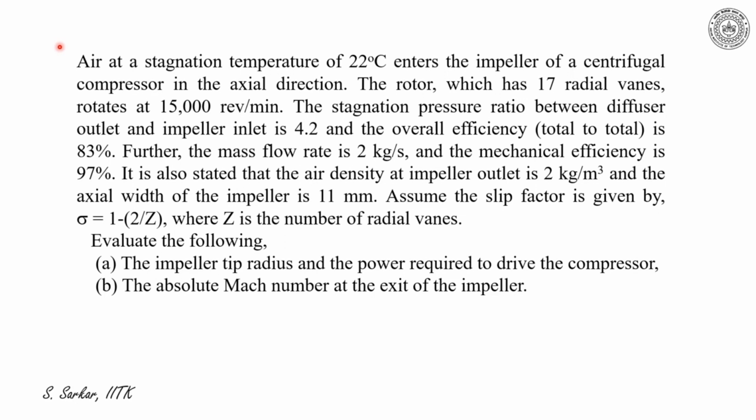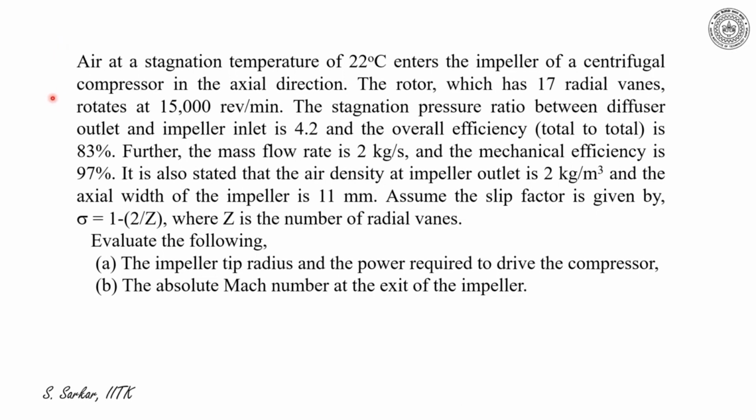Air at a stagnation temperature of 22 degrees Celsius enters the impeller of a centrifugal compressor in the axial direction. The rotor, which has 17 radial vanes, rotates at 15,000 revolutions per minute.